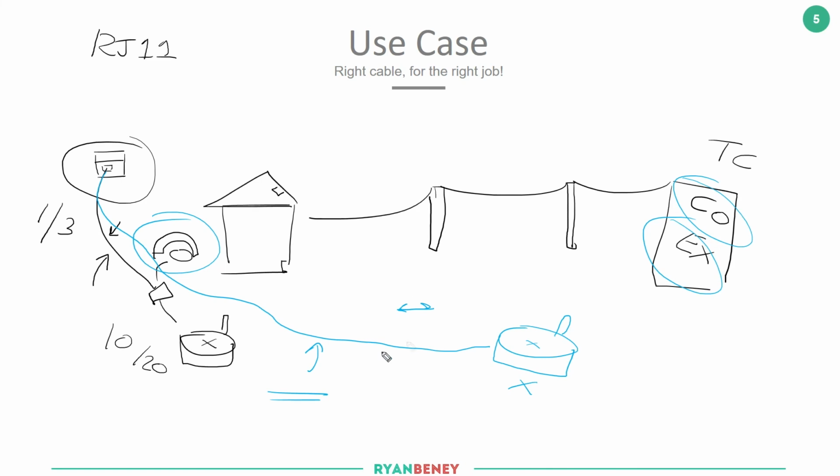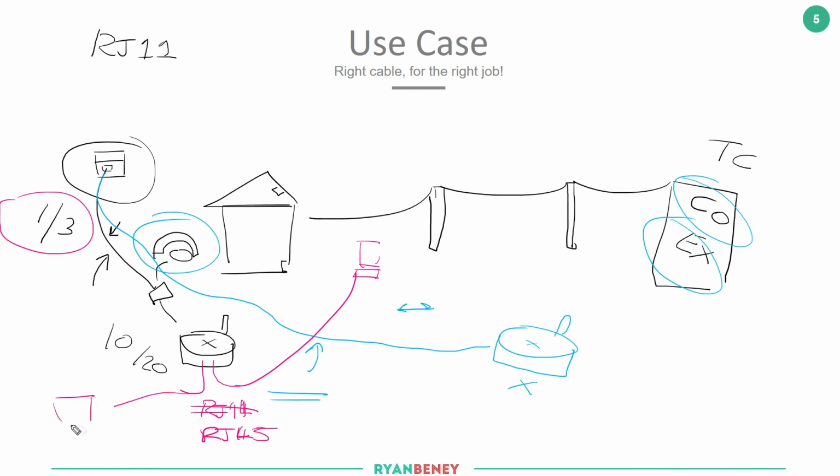Now that's a good example of using the wrong cable for the wrong job. What we should have done is leave the router where it was, using this 1 or 3 meter cable, and then from the router have the correct cable, in this case RJ45, or as we discussed, twisted copper pairs. If I actually wrote RJ45 correctly. And then on the back of this RJ45 cable, we'd have our devices connected, be that a PC, or a switch in another room, which our devices then connect to.